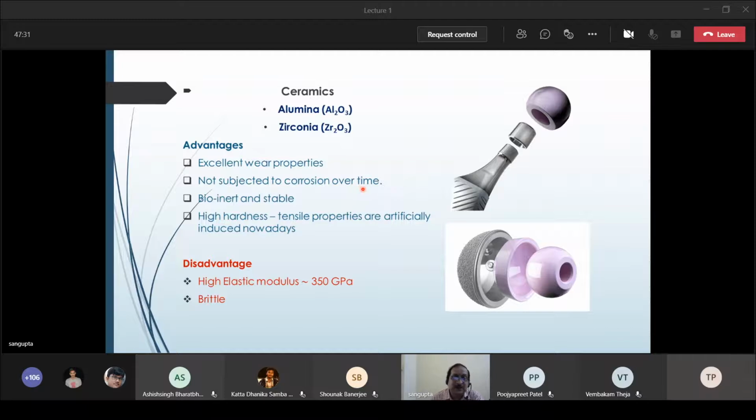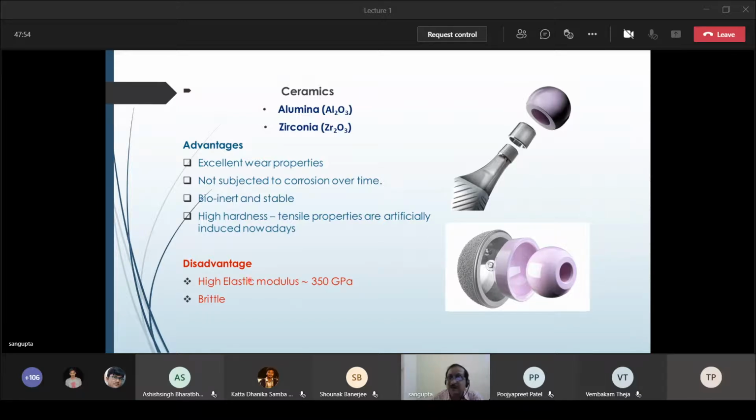So ceramic has certain excellent properties like no corrosion over time, bio-inert and stable, and it is a very hard material. But you see, the elastic modulus is almost 1.5 times that of steel itself, or cobalt chromium molybdenum alloy.